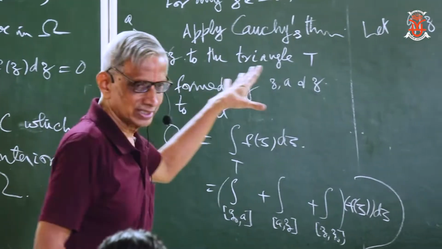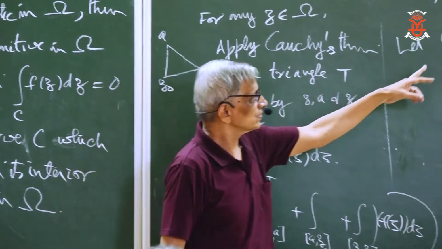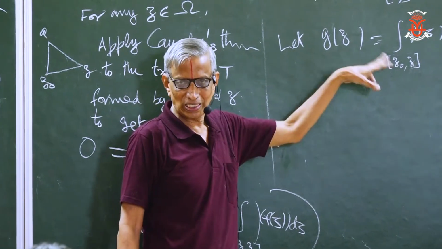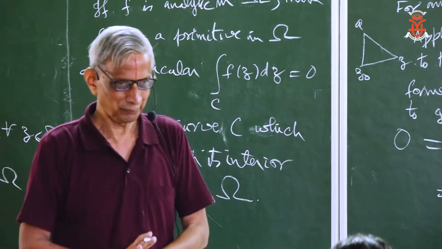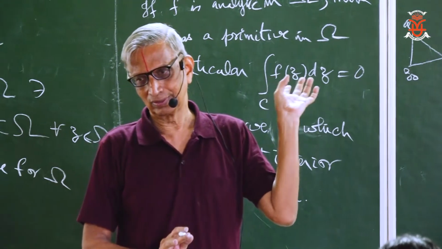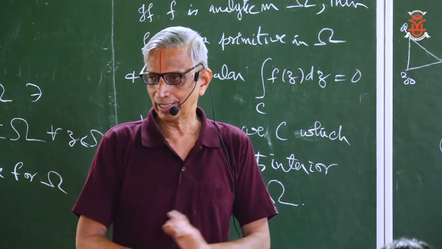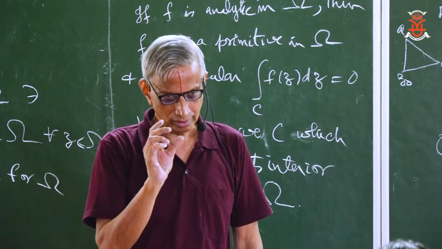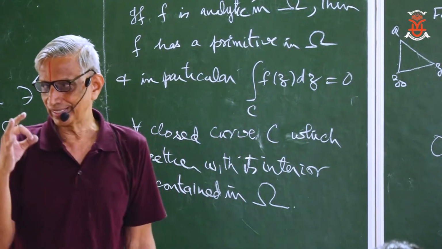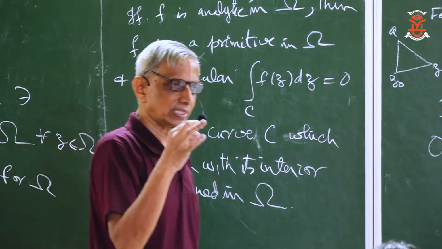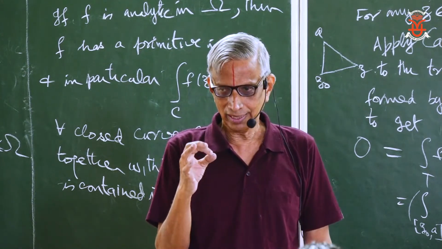See, what we are trying to show here is that g is a required function. You want to show that g prime A is equal to f of A. You want to show that g is differentiable at A and g prime A is nothing but f of A. So you need to look only at a neighborhood of A. You want to check differentiability at A, right?